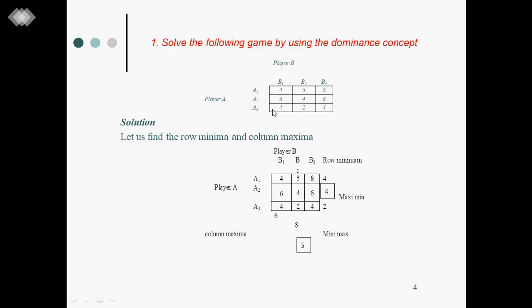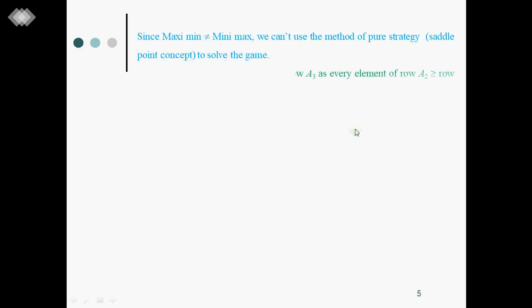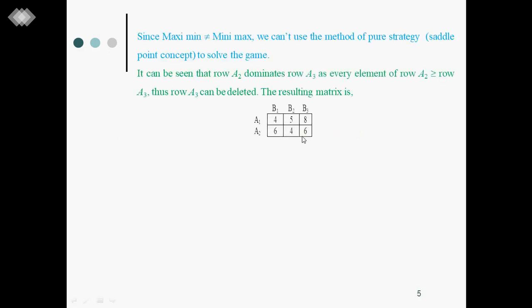Hence, A2 dominates A3. It may also be greater than or equal. So, as all the elements of A2 are greater than or equal to A3, this is called row dominance, as we discussed in theory. So A2 dominates A3, hence A2 is retained and A3 is deleted. That's what we have done. So A3 is not in the picture now. That is the first step, row dominance.